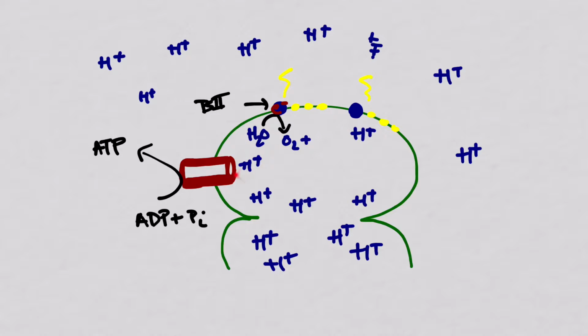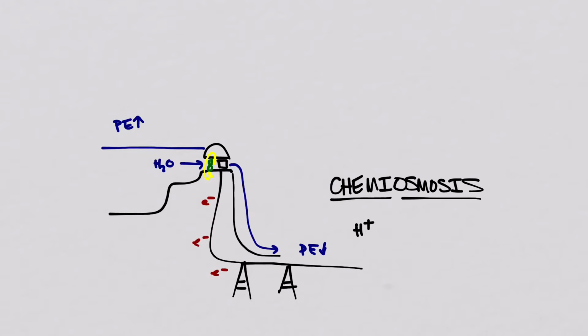Because remember, the driving force behind the movement of hydrogen through this molecule is the concentration gradient. So if the concentration gradient is eliminated, there's no longer a pressure through this molecule. It's just like our dam scenario where water is equal on both sides of the dam.